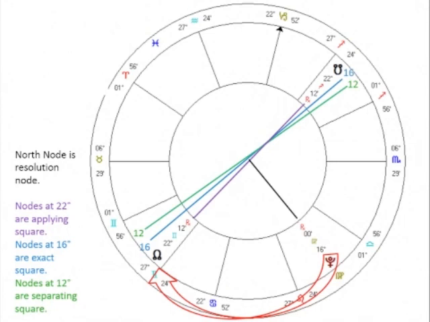In this example with the nodes at 22 degrees, it is applying square. If the nodes were at 16 degrees Gemini North Node, 16 degrees Sag South Node, it would be an exact square. If, following the green lines, the North Node was at 12 degrees Gemini, South Node 12 degrees Sag, it would be a separating square.